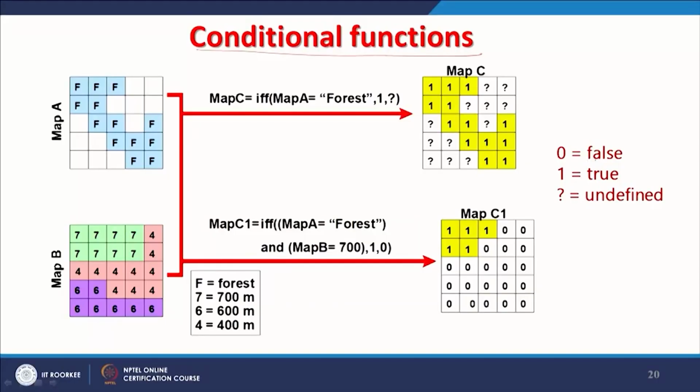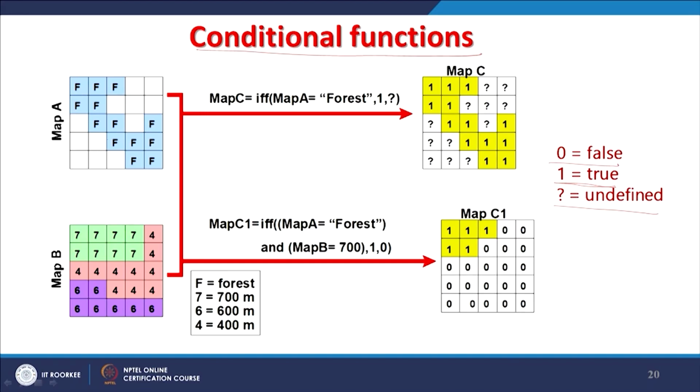Now, conditional functions, where if-else conditions come in. Three things are possible. If false, we get the 0 value, where the output might be binary depending on the condition, and true gives 1, and unidentified will have a question mark or no data.